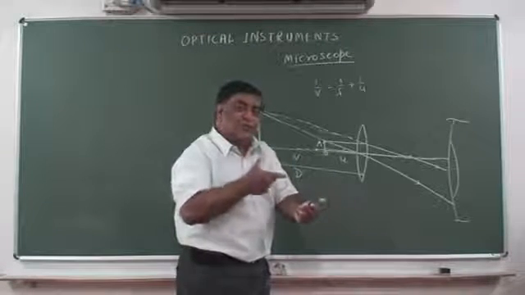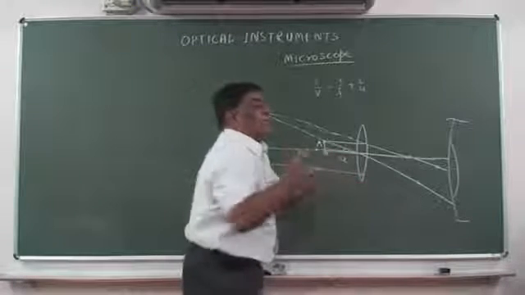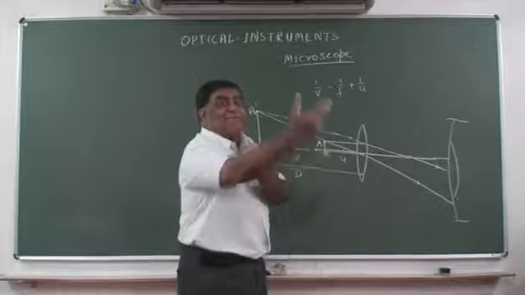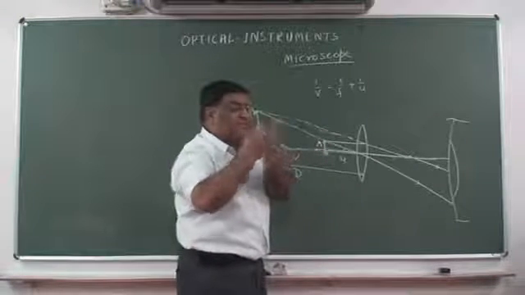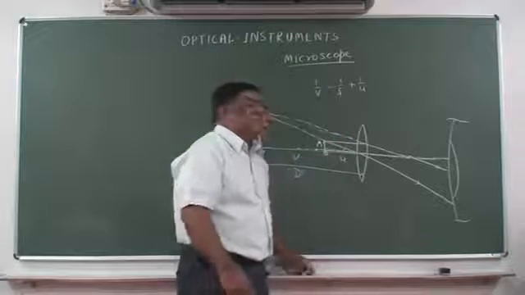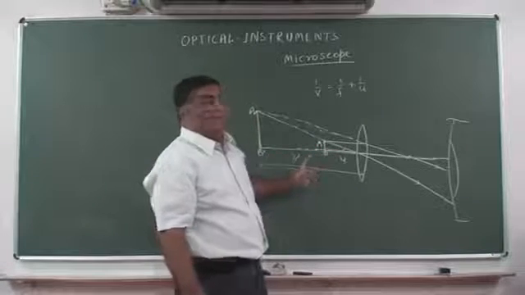We are adjusting U, and U will be in such a way that V will also become more and less. So V will be at distinct vision. So we adjust U so much that V is at the distinct vision and we see it very clearly. That is our setting for the eyes.